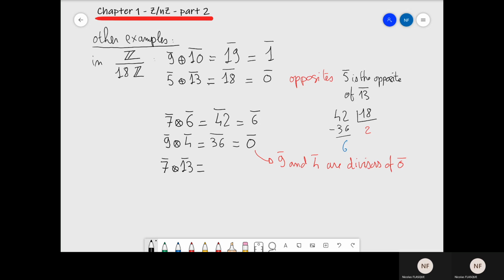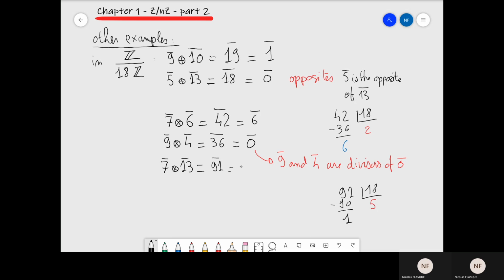So last example, 7 bar times 13 bar. 7 times 13 is 91 bar. So once again, if we do the Euclidean division of 91 by 18, the quotient is 5. 5 times 18 is equal to 90.